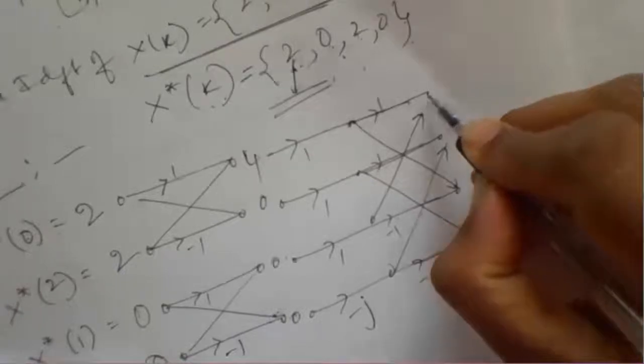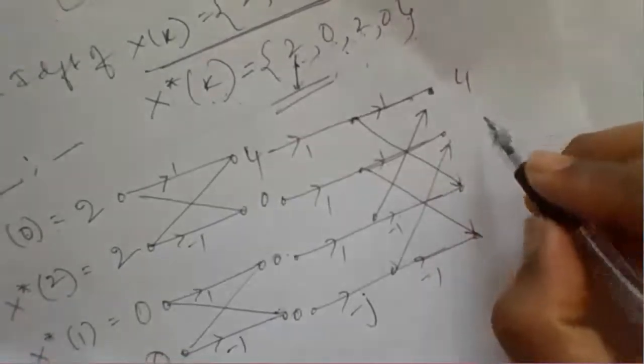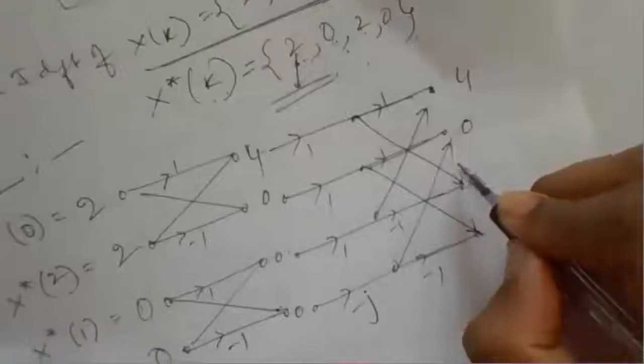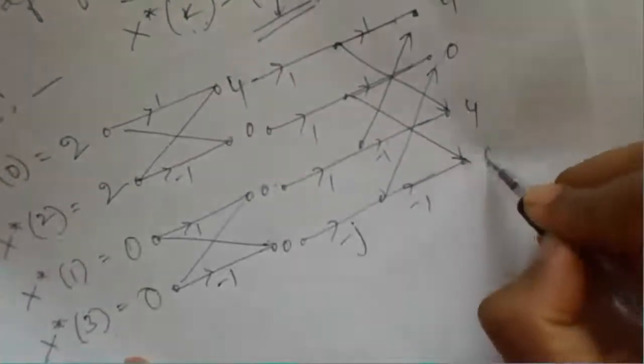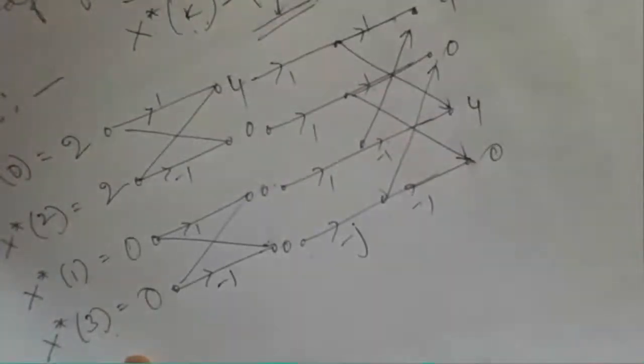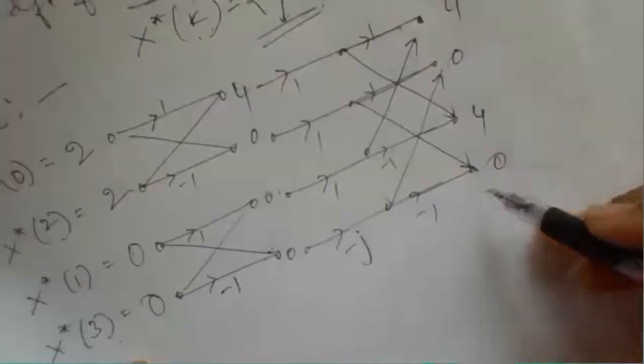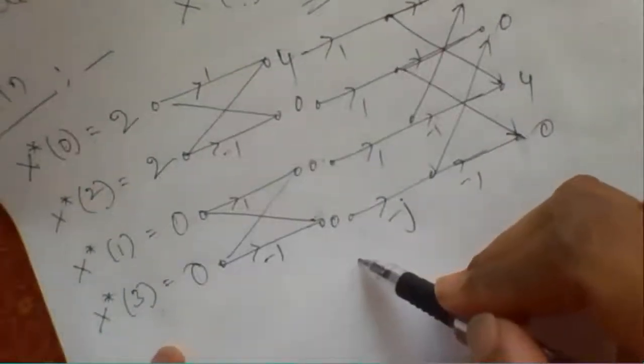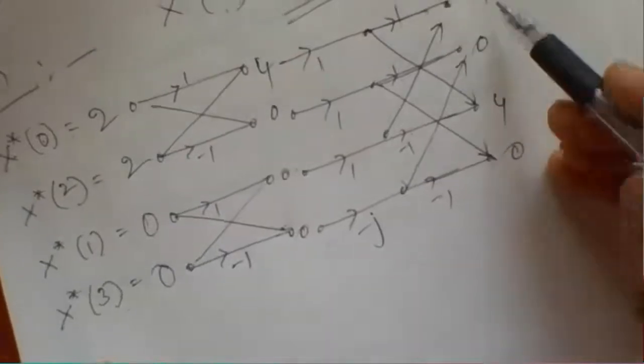Just perform according to the rule. It will be 4 plus 0, 4. The next sample value you are going to get is 0. The next value will be 4, and the next will be 0. It is just addition and subtraction. As we have so many zeros, it should not be a problem to calculate. So we get 4040.